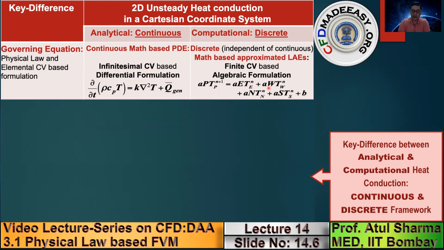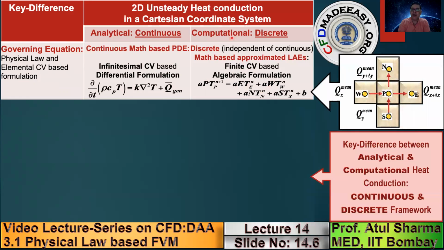This is shown for an explicit method, where it turns out that for any internal grid point, which I had shown earlier as a yellow circle, P, we got an algebraic equation as shown here. Tp is a function of Te, Tw, Tn, and Ts, so it is a function of its north, south, east, and west neighbors.